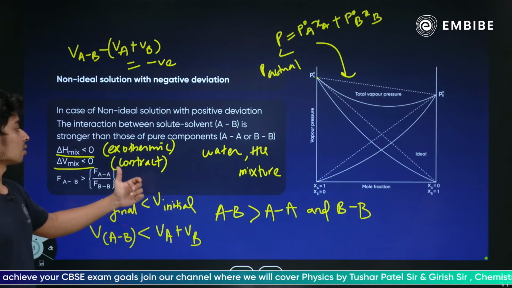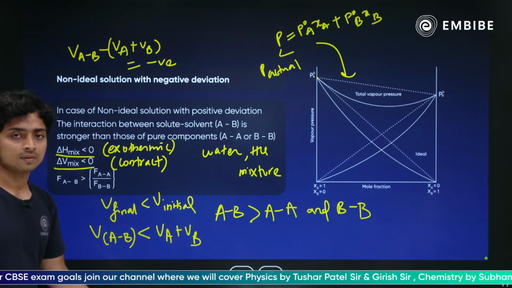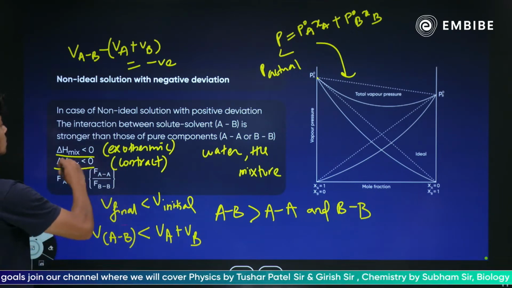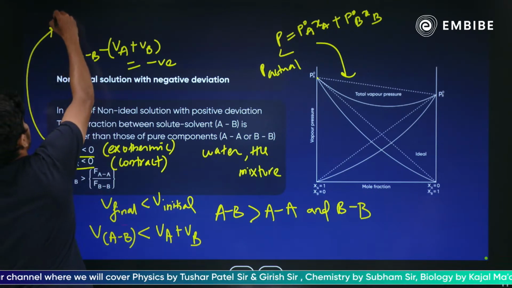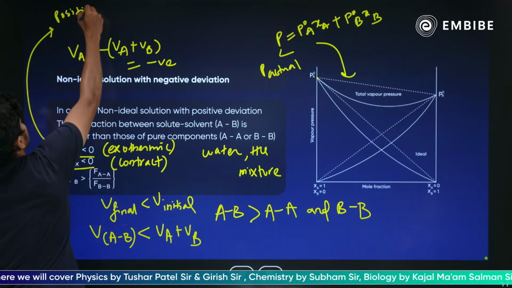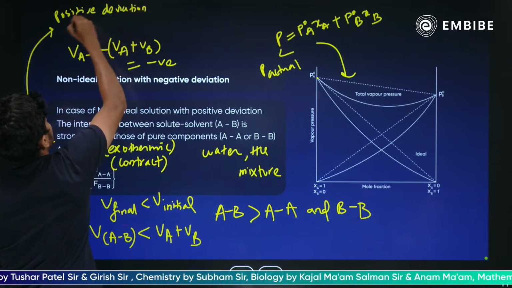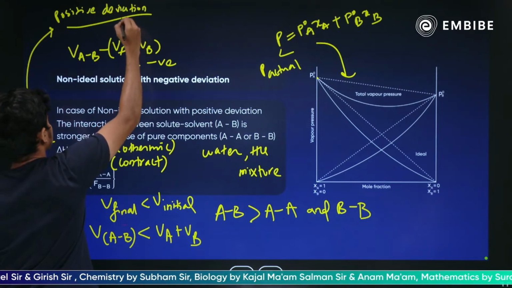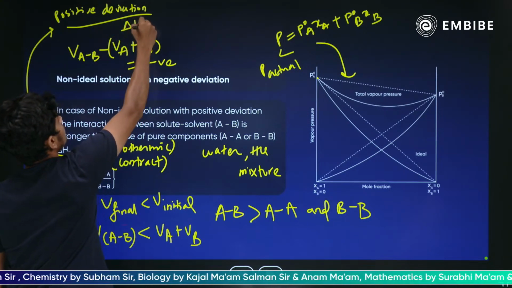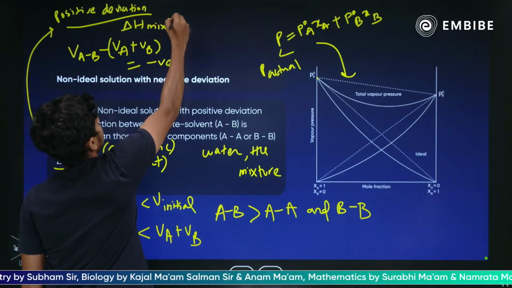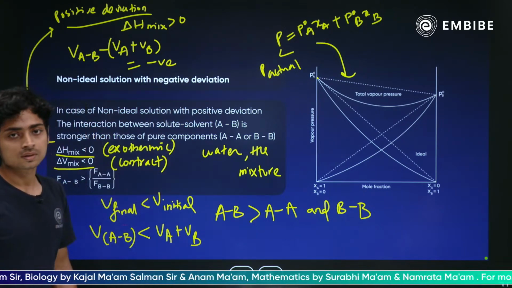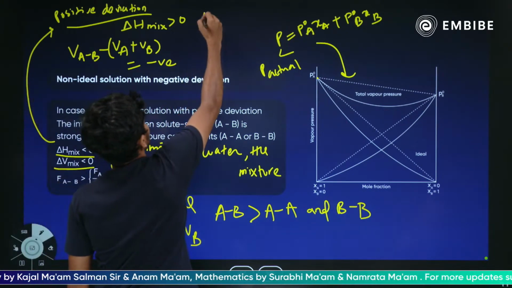Okay, the opposite happens in the case of positive deviation. Sorry, this part I did not discuss in the last slide. For positive deviation, delta H mix will be greater than 0, so it is an endothermic process, and delta V mix will be positive.